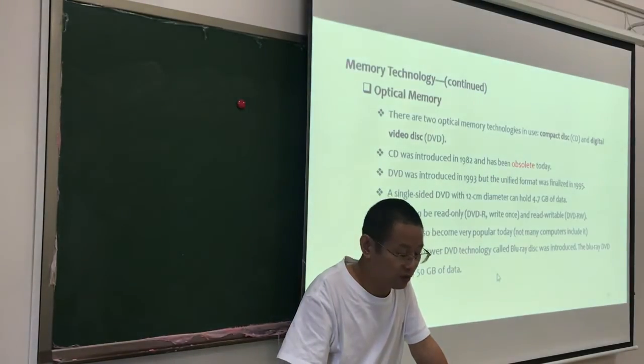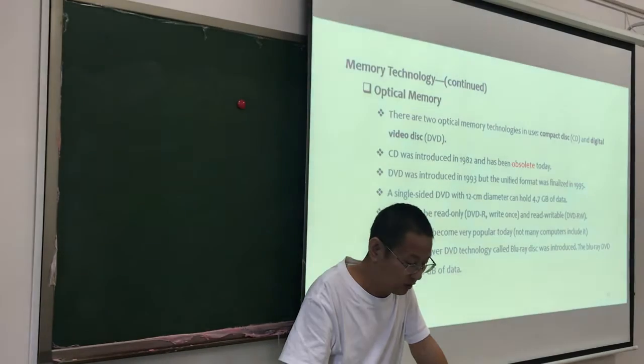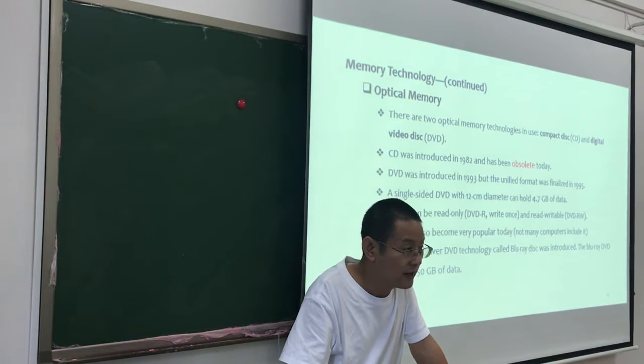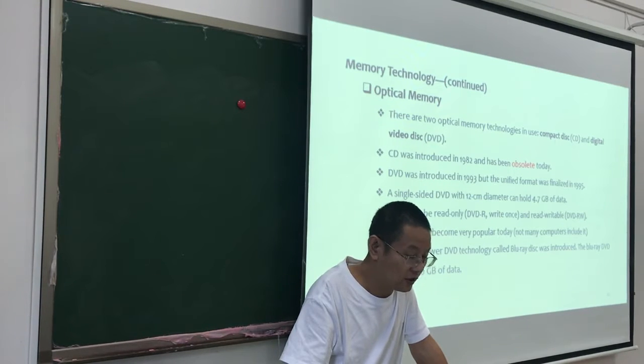Optical memory, we call it CD or DVD. There are two optical memory technologies used: compact disc, meaning CD, and digital video disc, DVD. CD was introduced in 1982 and is obsolete today.